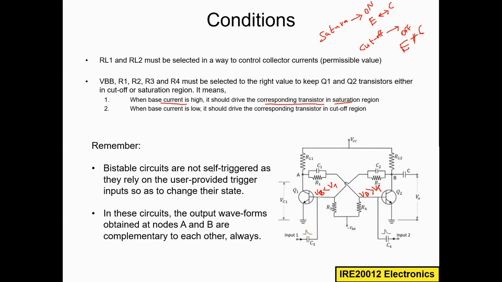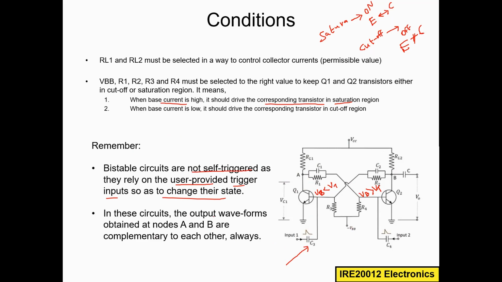Remember, bistable circuits are not self-triggered. Astable is self-triggered, but bistable is not, as it relies only on user-provided trigger inputs to change its state. So I am externally applying the trigger signal to change the status.